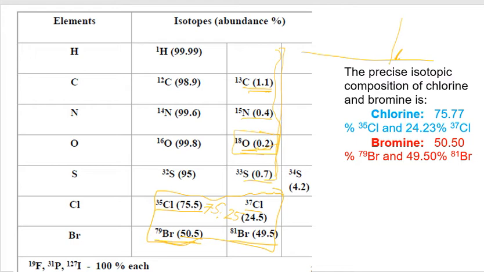But in the case of the two halogens, chlorine and bromine, you have very prominent isotopic peaks, due to the presence of the isotopes in higher percentage. In chlorine, it's 75.5 to 24.5, that means 75 to 25%. In bromine, it's almost 50-50: 50.5 for bromine 79 and 49.5 for bromine 81.